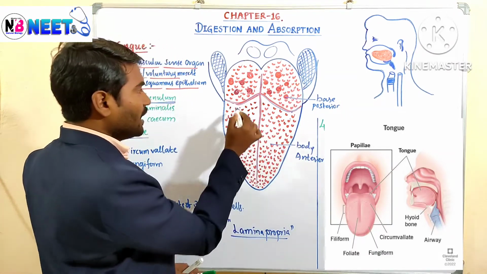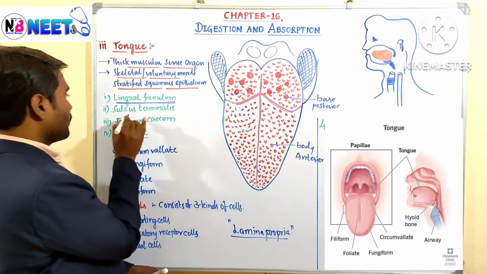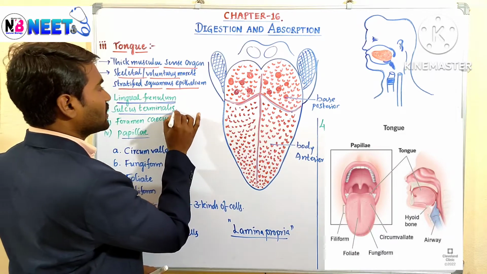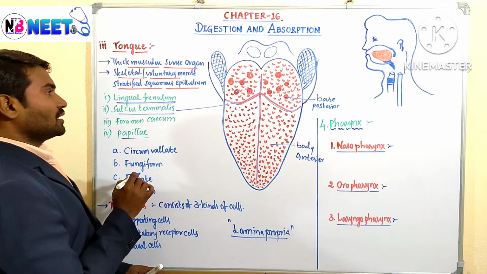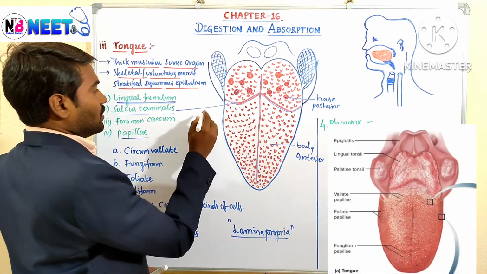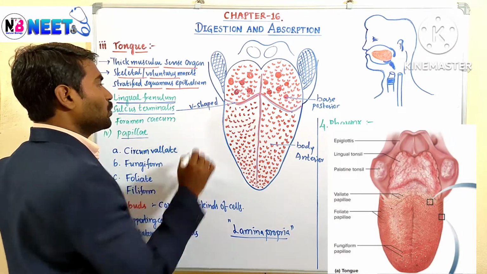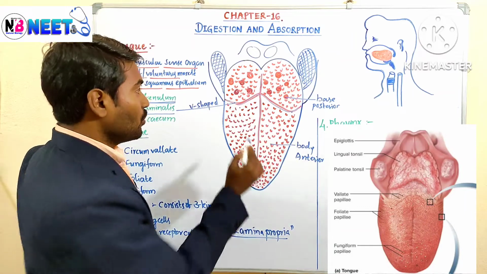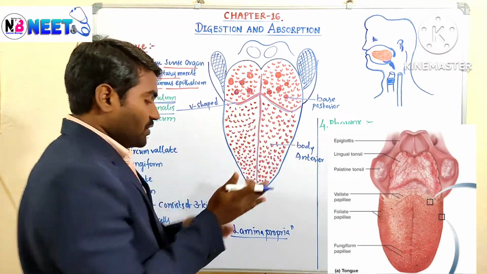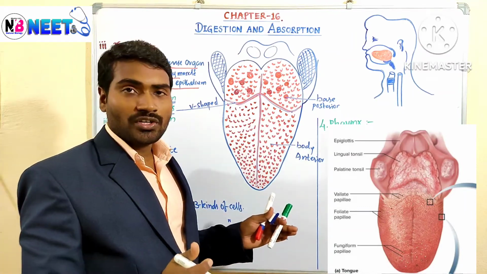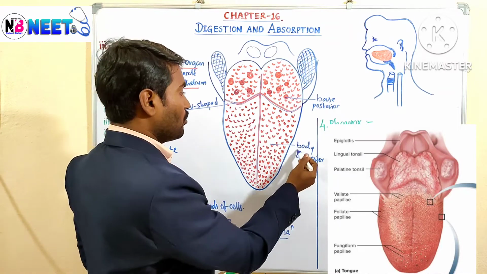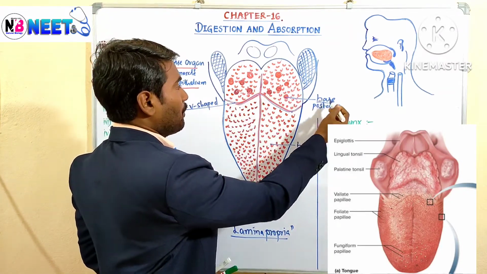This deep V-shaped groove is called the sulcus terminalis. It is a V-shaped groove which differentiates the tongue into two regions: anterior body, posterior base.